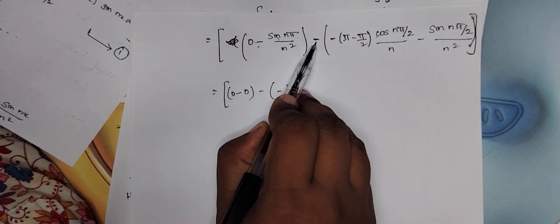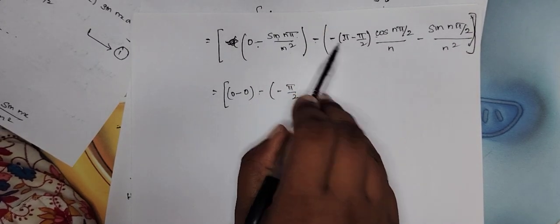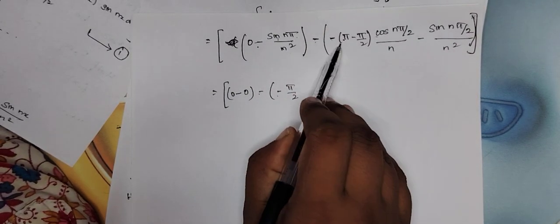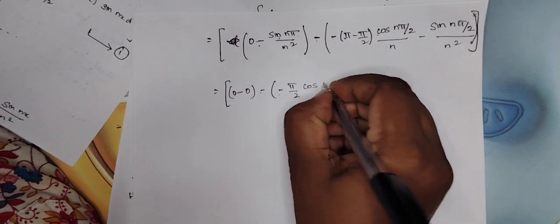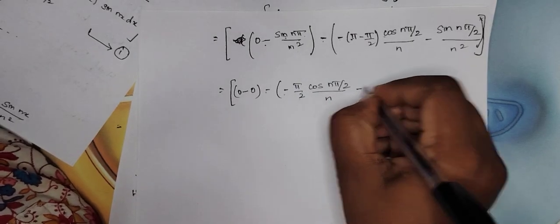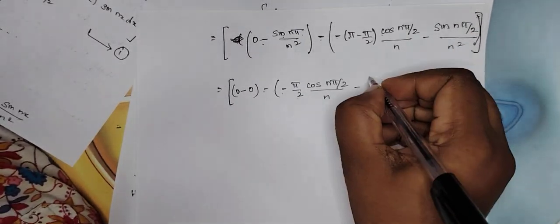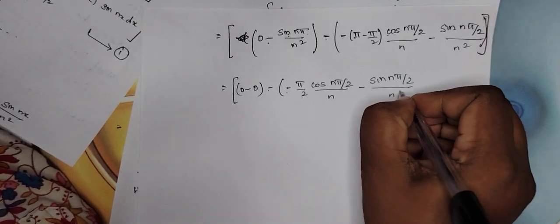What I'm doing here: this minus sign I have written here, and this minus sign I have written within the bracket. Then pi minus pi by 2 is pi by 2. It is cos n pi by 2 divided by n minus sine n pi by 2 divided by n square.